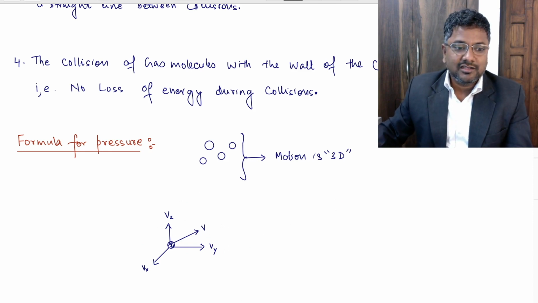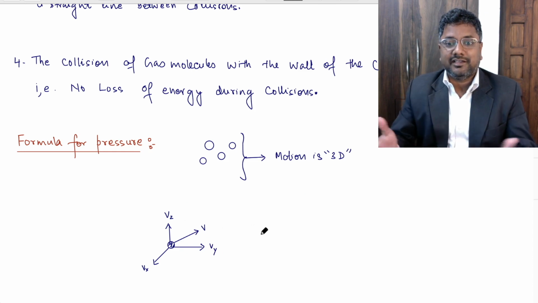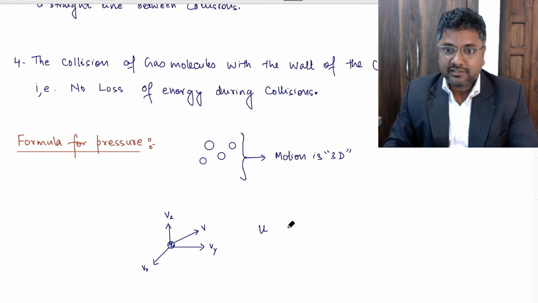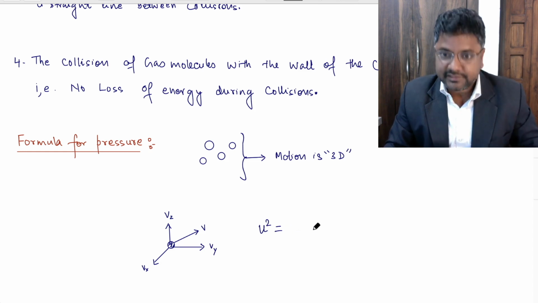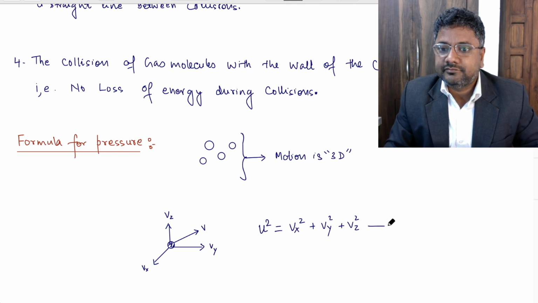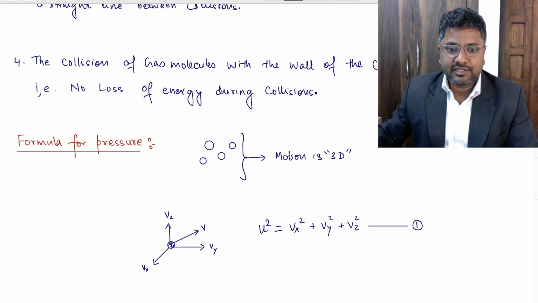So by squaring this term, we will get speed, and we can write the scalar quantity u square is equal to vx square plus vy square plus vz square. So this is equation 1. We can write this, right?